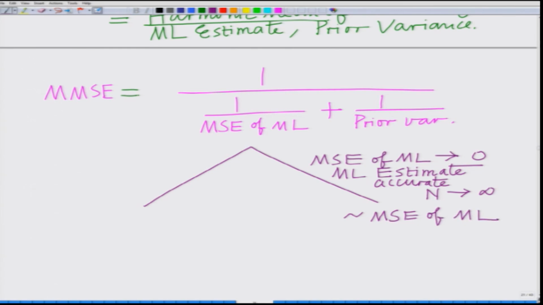Now, if on the other hand the prior variance is very small, the prior variance tends to 0, then again the denominator is dominated by 1 over the prior variance, and therefore the MMSE is approximately equal to simply the prior variance.